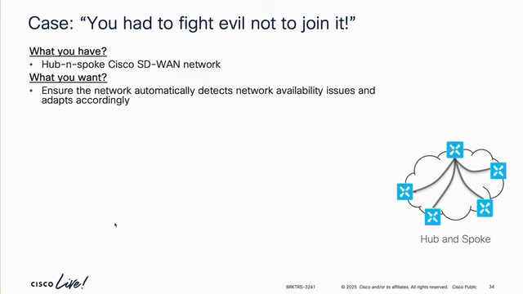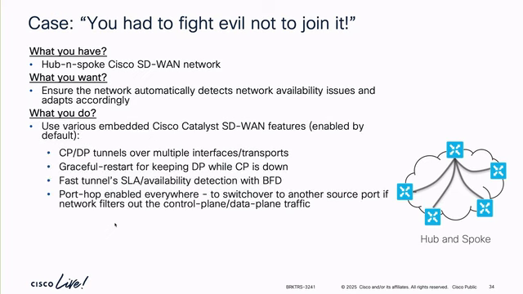We know there are a lot of different safety belts and guardrails built into our solution, which prevent us from doing something wrong or prevent the network from going down, like graceful restart, decoupling data plane tunnels from control plane tunnels, SLA availability with BFD. We have a lot of different means to keep the lights on with that network.